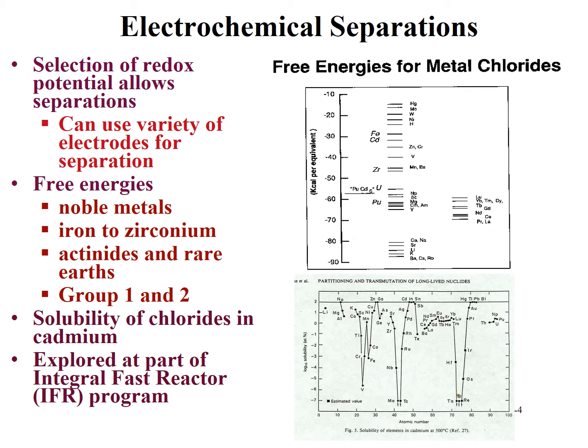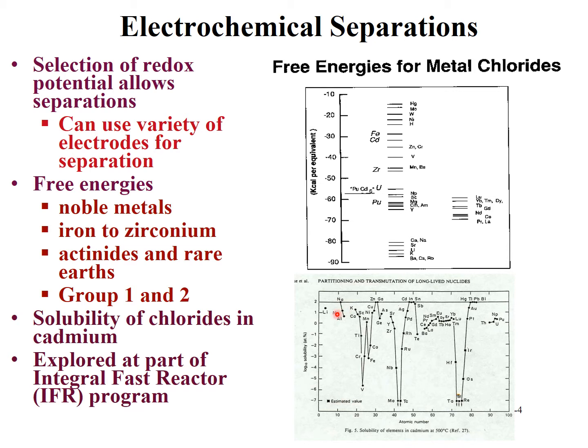There's also a route for achieving separations by looking at solubilities of chloride in different systems, for instance, cadmium. And then you can almost think of this as a solvent extraction or liquid-liquid phase, except the liquid phases are molten salts and liquid cadmium. One looks at the solubility of different elements in cadmium.